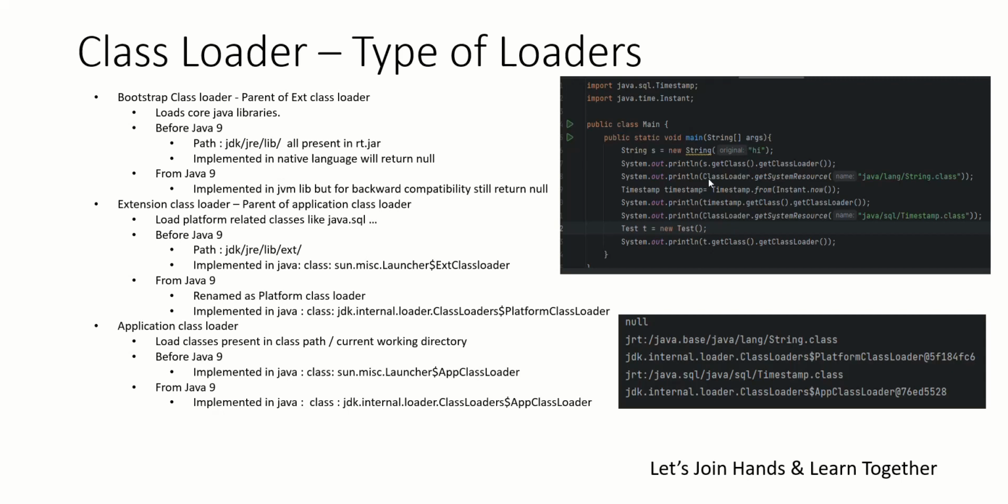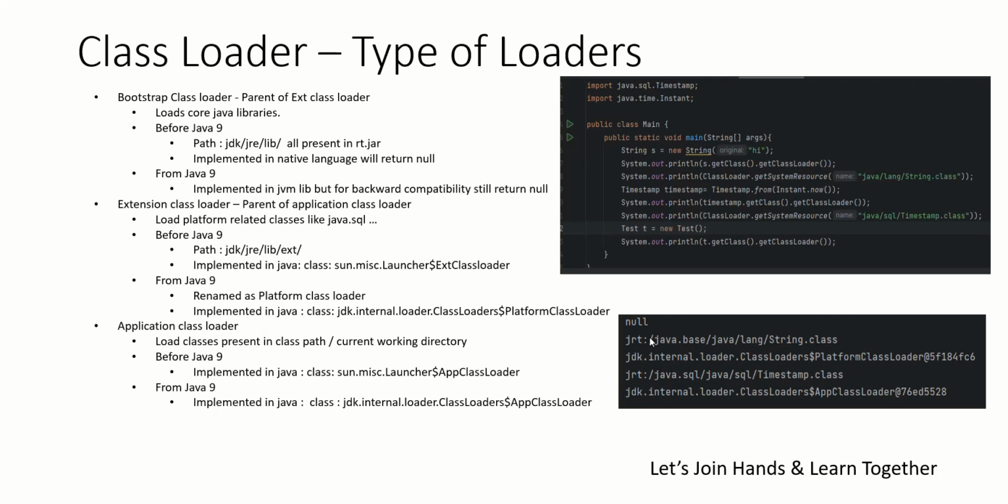Then I try to print the String.class resource to see where it is present. It shows that it is present in the java.base package, and it is given in JRT format. But in versions lower than Java 9, like Java 8, it will clearly show jdk/jre/lib/rt.jar!/java/lang/String.class.